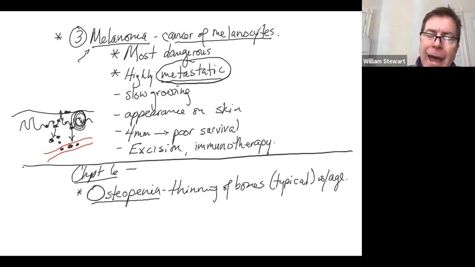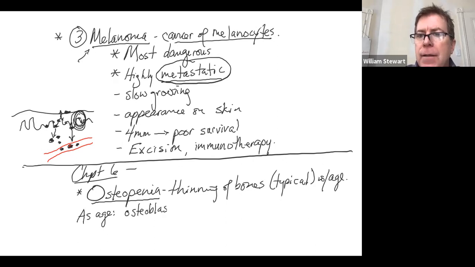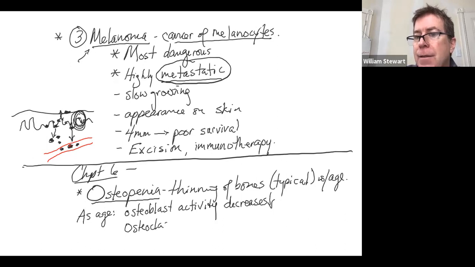And what happens as we age is that osteoblast activity, this is normal, decreases, goes down. And osteoclast activity stays at the same rate.